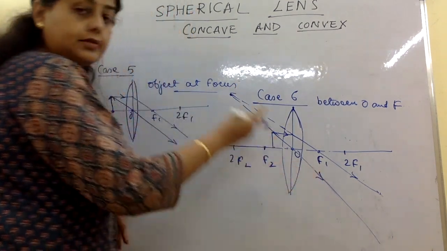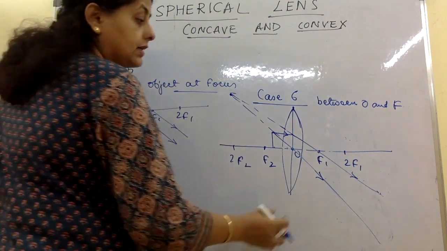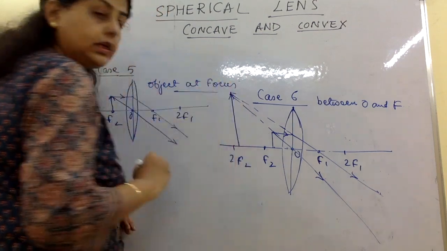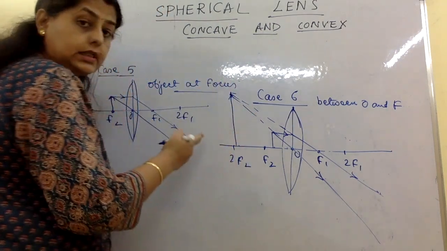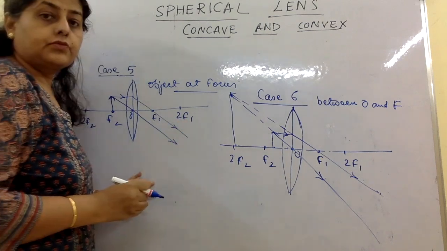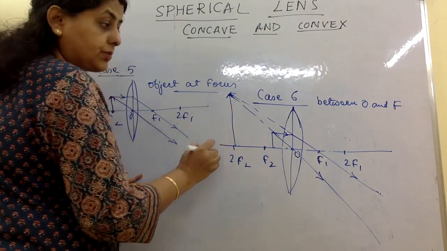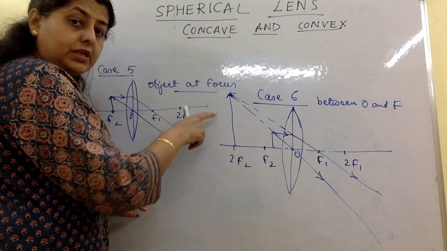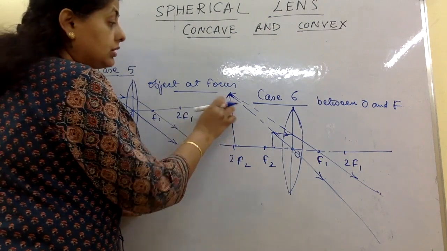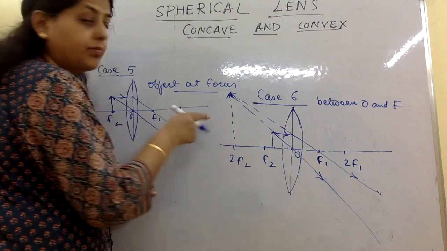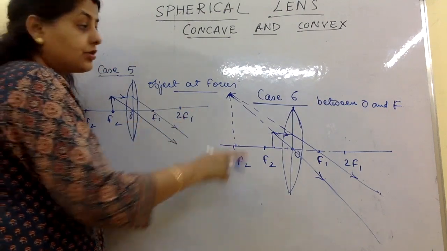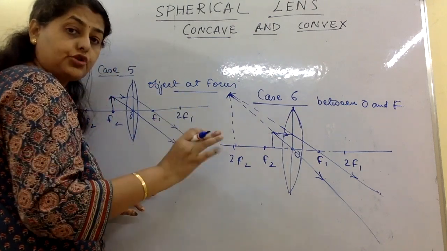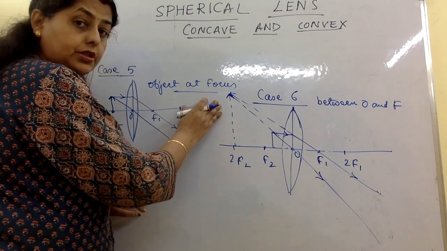Now when you look at the lens from that side, you get the feeling that the rays are coming from this point, but remember, this is a virtual image. Rays didn't actually meet to form it, they seemed to meet. So this is a virtual image which will be drawn by dotted lines. This part is also dotted lines, because this is just an illusion. So the image gets formed here, virtual image.